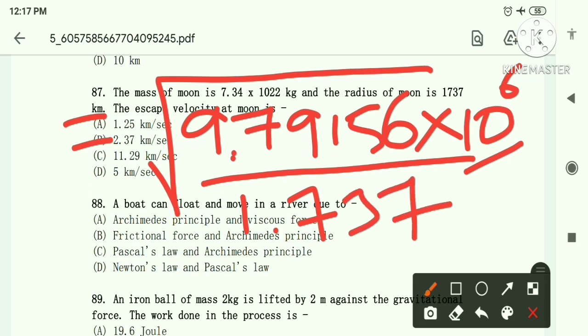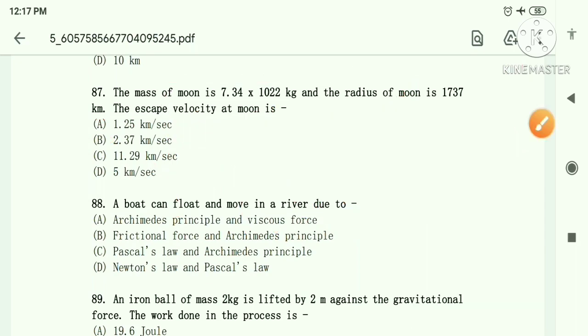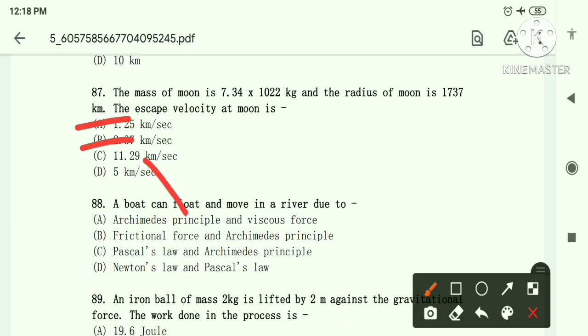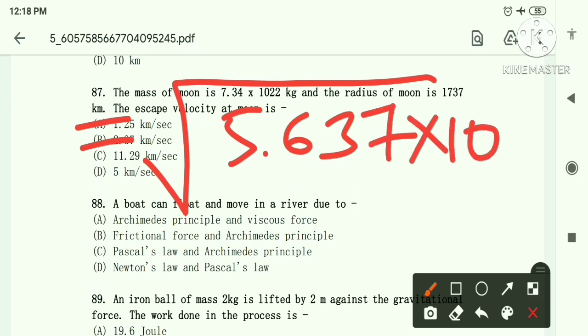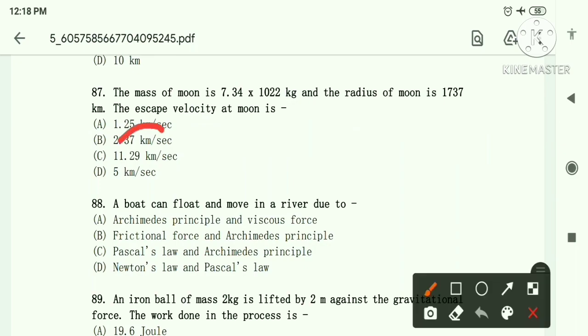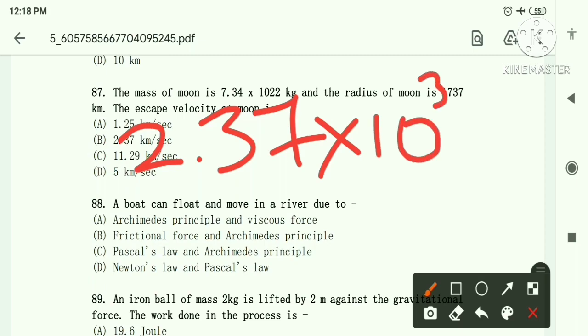Now dividing 9.79156 by 1.737, so we got root of 5.637 into 10 raised to 6. So root of 5.637 by the help of long division method we got 2.37 into 10 raised to 3 meter.